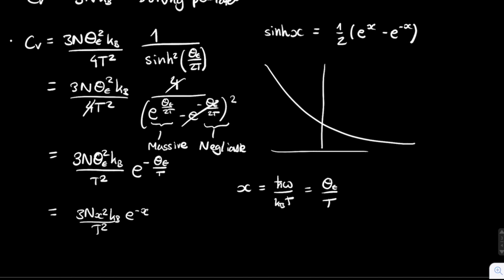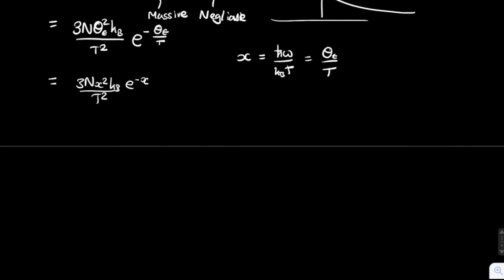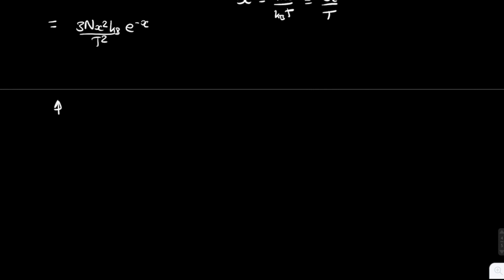And so what does this look like when graphed? Well, it's an x squared e to the minus x, so it's going to start off looking like an x squared graph, which is good. But of course the e to the minus x means that it's going to modulate.